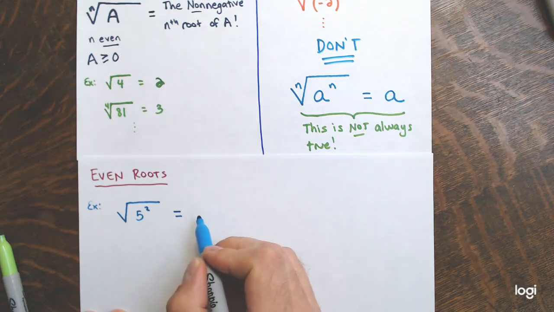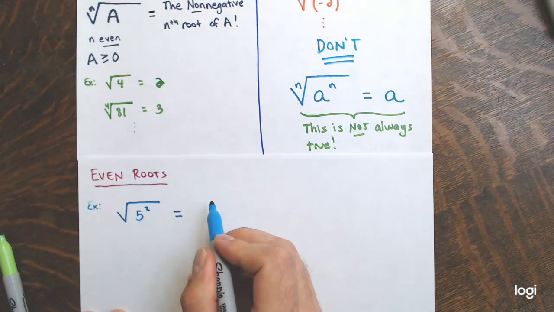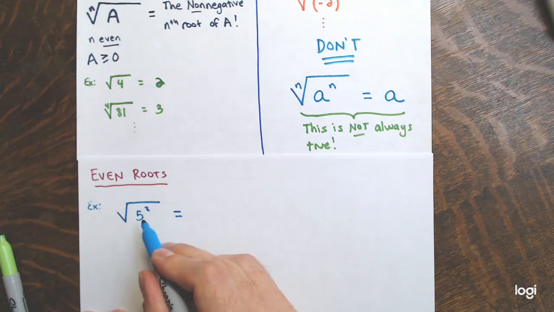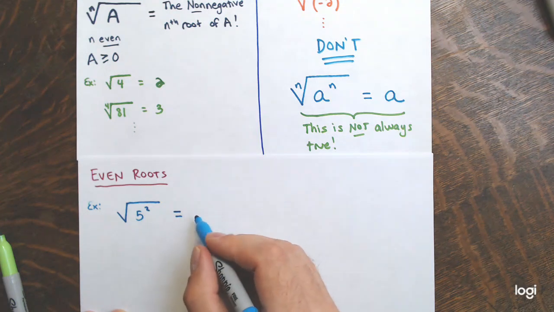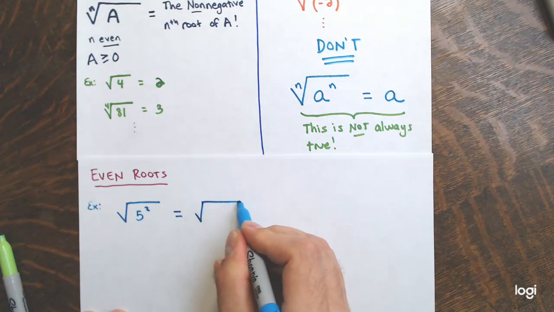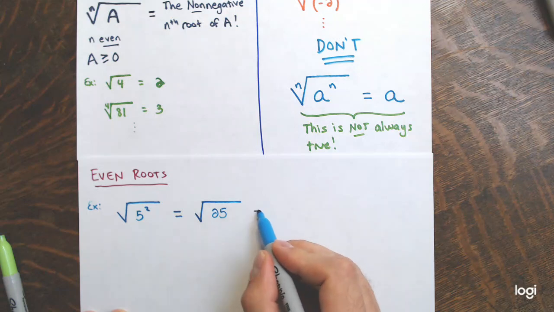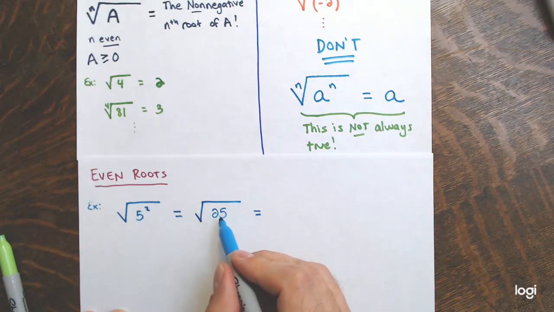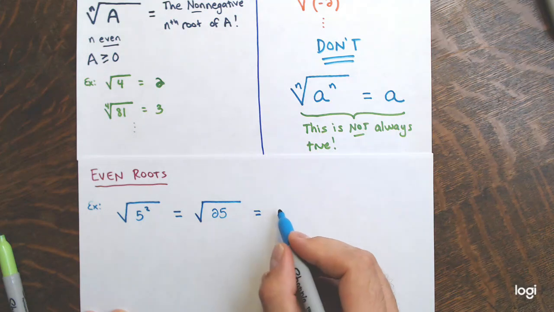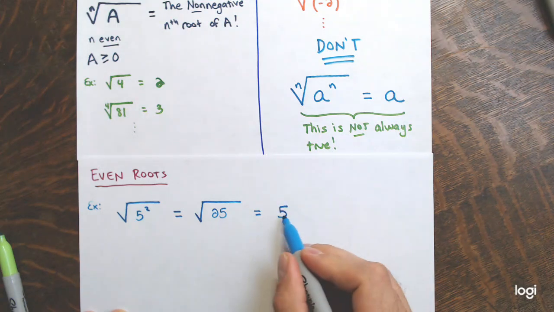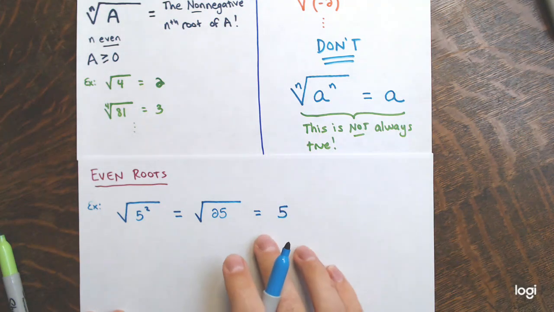So what's a number that I can raise to the second power to be equal to 5 to the second power? Well, that would just be 5. And think about what 5 squared is. It's 25, 5 times 5. And then what's the non-negative square root of 25? That's positive 5, since 5 to the second power is 25.